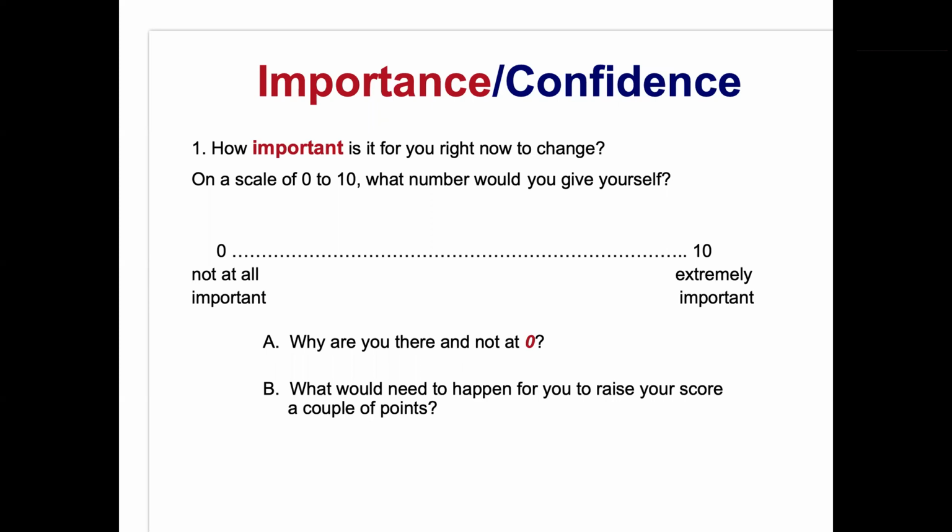Why is it a 6 and not a 4, for example? Third, we ask the upwards question, a more confrontative question, which invites discussion of the parameters of concern. What would it take? What would have to happen to raise your confidence score up a point or so?